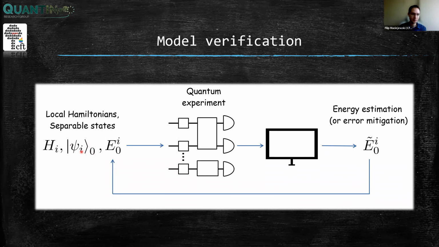And also because we want to be able to actually know what the energy should be, right? So the noise model that we have is local, so it has an efficient description, and then separable states also have an efficient description, and so we can check what this energy should be on the computer.